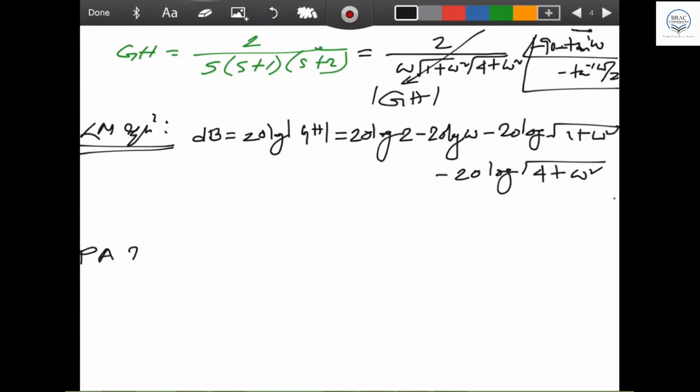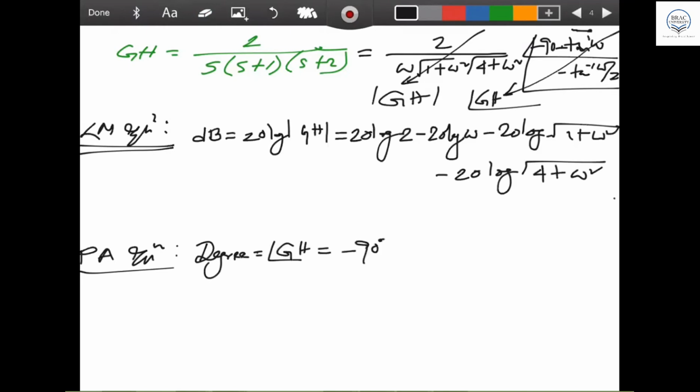You have already got the equation, that is straightforward, in degrees. So this is your GH phase angle equation. You can write here that the phase angle in degrees, which is the GH phase angle, is nothing but minus 90 minus tan inverse omega minus tan inverse omega by 2.